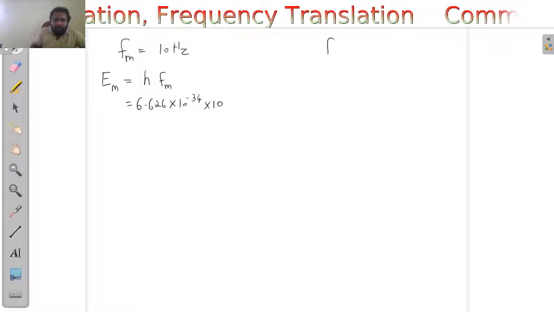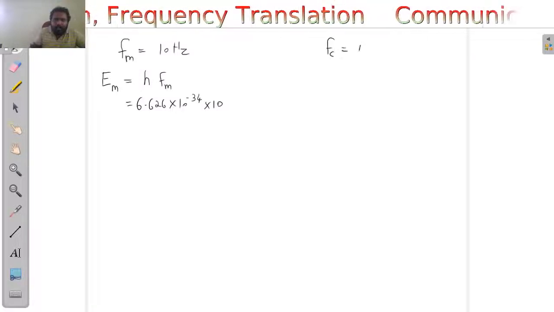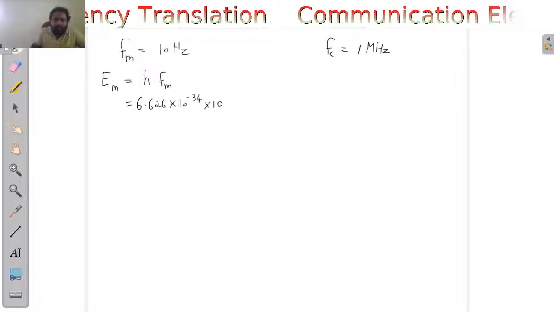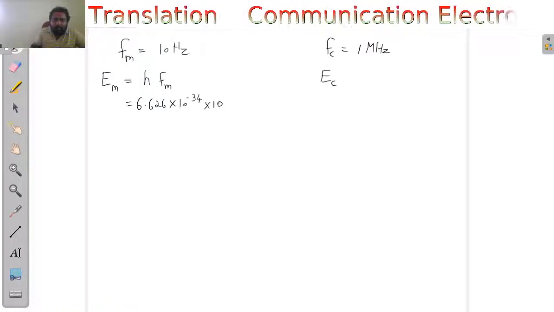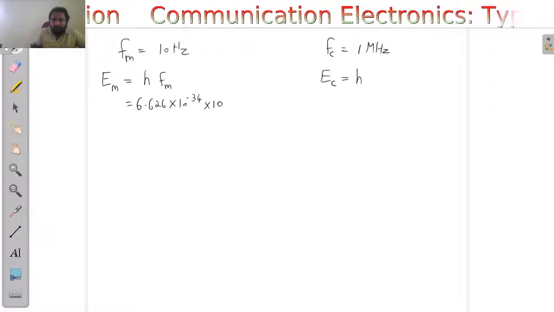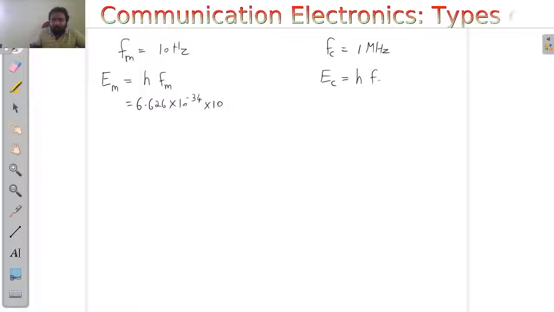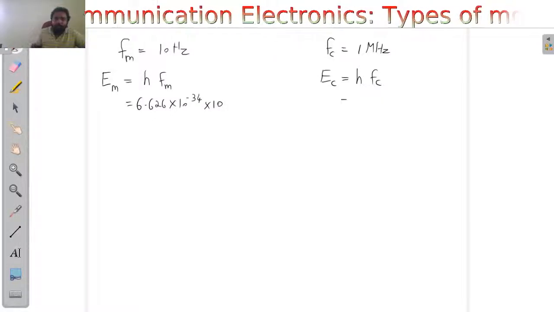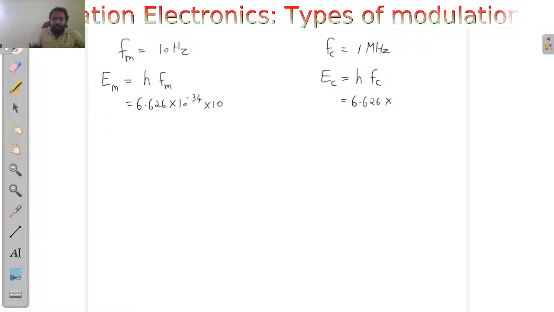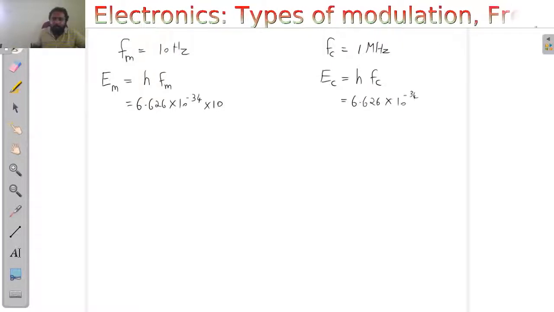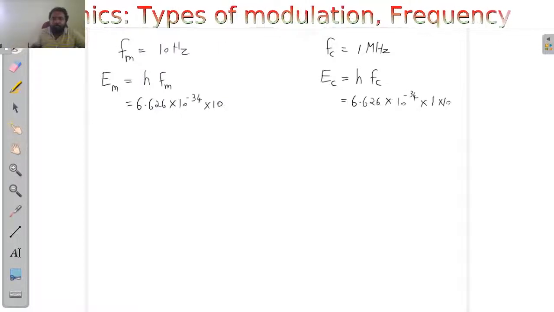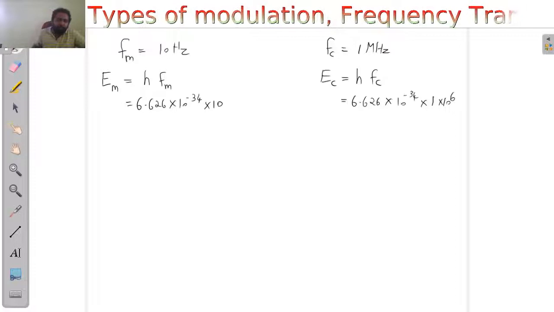Similarly, our carrier frequency, let it be like 1 megahertz, and then my energy due to the carrier frequency, energy residing inside the carrier frequency, that is equal to Planck's constant times the frequency, which is 6.626 times 10 to the power minus 34 times 1 megahertz. 1 megahertz is written as 1 into 10 raised to 6.